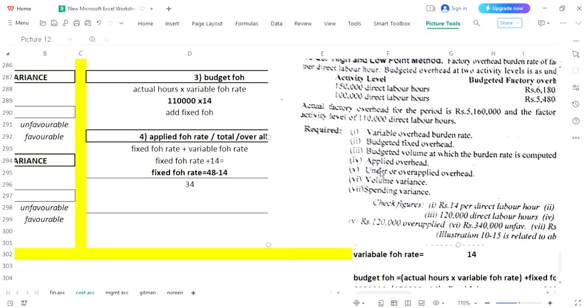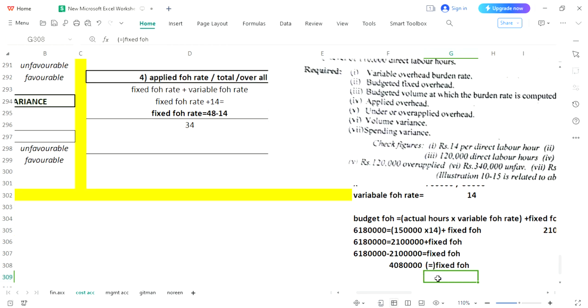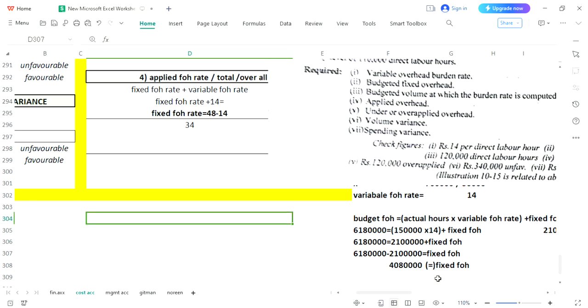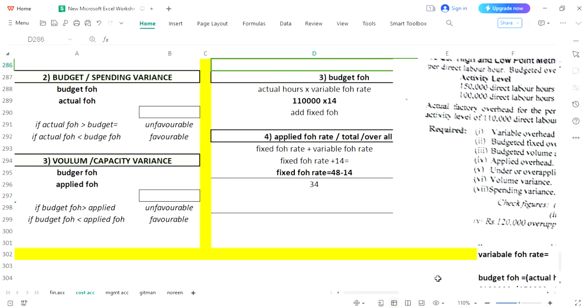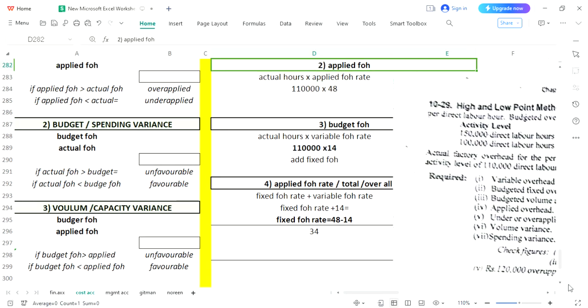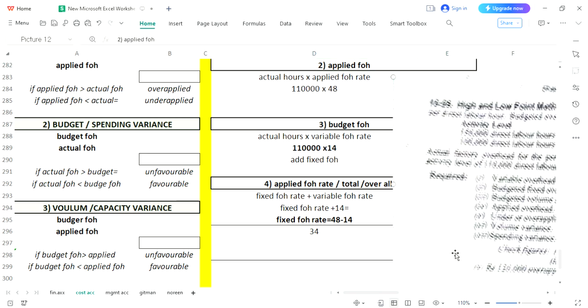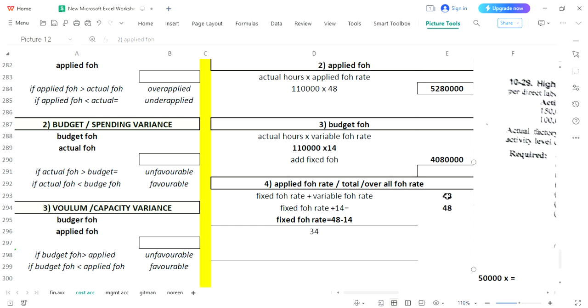The second requirement was budgeted fixed FH, and you have already noted it down. We have calculated fixed FH as 40,80,000. The same amount has been posted over here to calculate our budget FH, and that amount is 40,80,000.